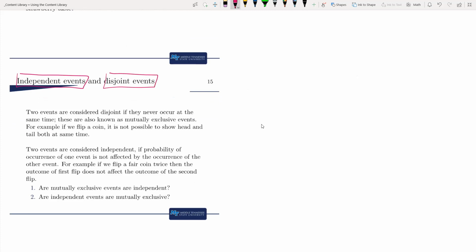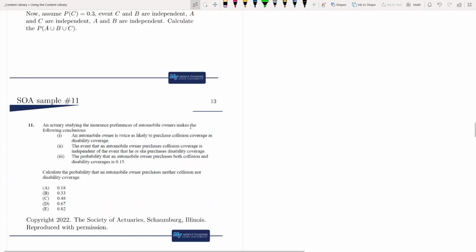I wanted to answer this question: whether mutually exclusive events are independent, and whether independent events are mutually exclusive. So try to answer this. If you're not sure, you can search on Google, and if you're still not sure, you can post in the discussion board on D2L so we can have a discussion about that.